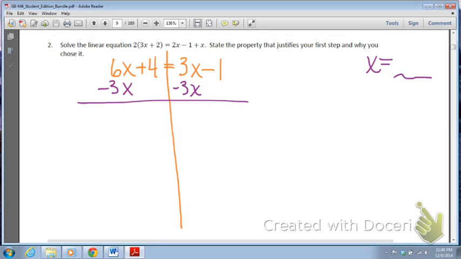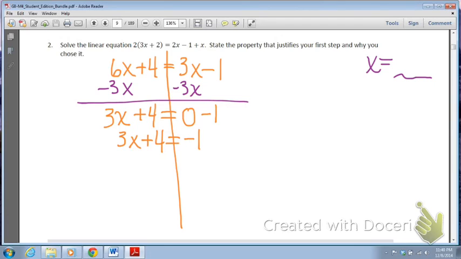So 6x minus 3x is the same as 6 minus 3 times x, which is simply 3x. And I still have plus 4 here. And then 3x minus 3x is 0 times x, or just 0. So this is 0 minus 1. So I've got 3x plus 4 is equal to 0 minus 1, which is negative 1.